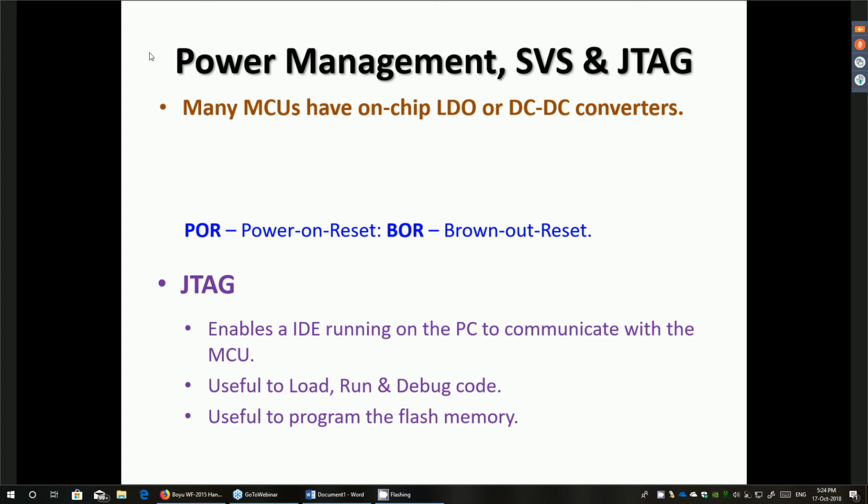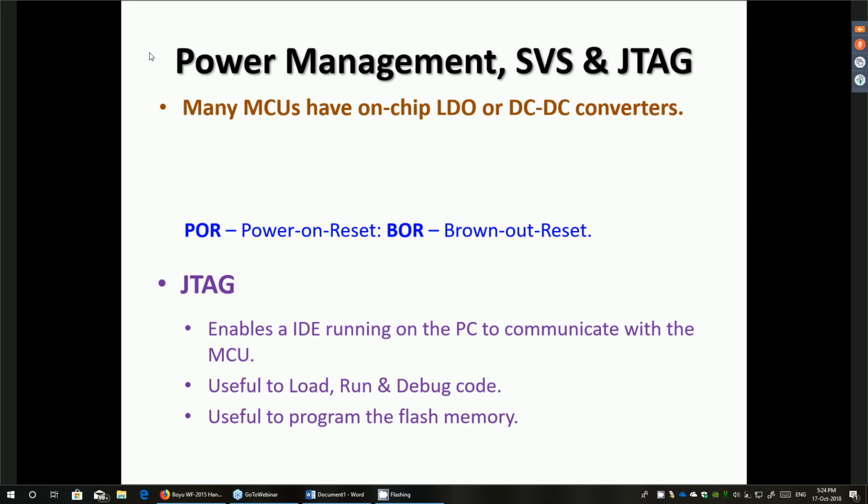So some microcontrollers may operate with 3 different voltages, right? But your board may have only one 5-volt input. So you need some circuitry to take this 5 volts and convert it into 3.3 volts or 1.8 volts or 1.2 volts or 1 volt, depending on the microcontroller. We need these DC-DC converters or low dropout regulators.